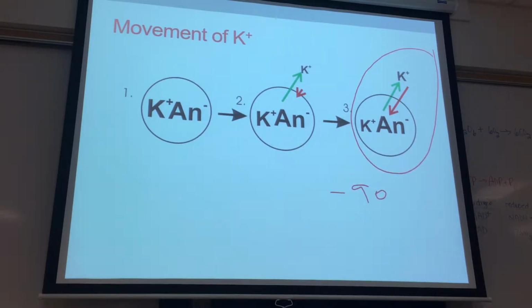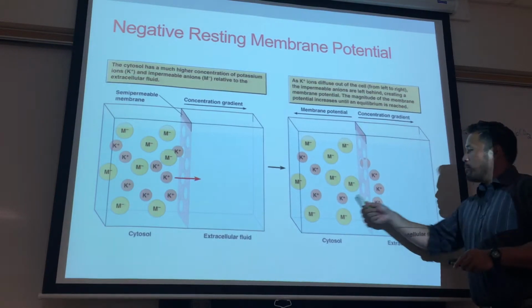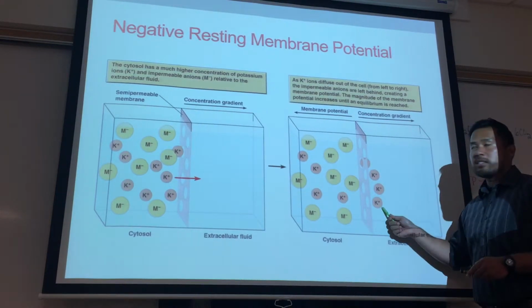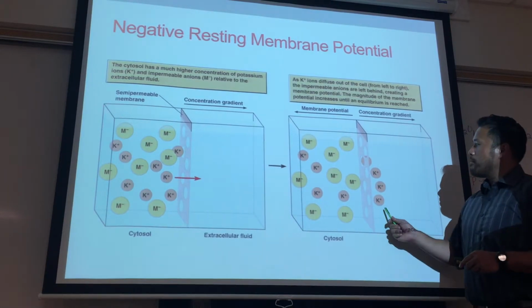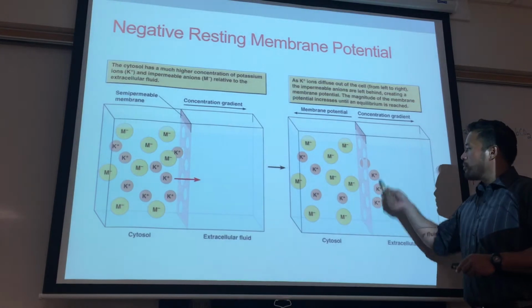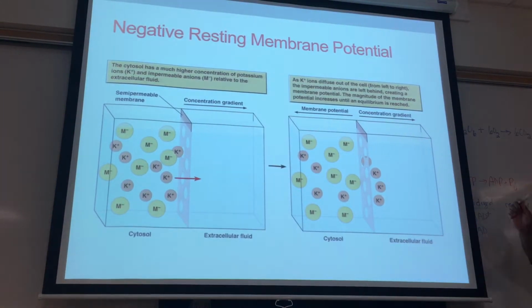That means if you take a look at this example earlier, potassium moves out and then stabilizes with the concentration gradient and the membrane potential, so the difference between the outside and the inside is negative 90.